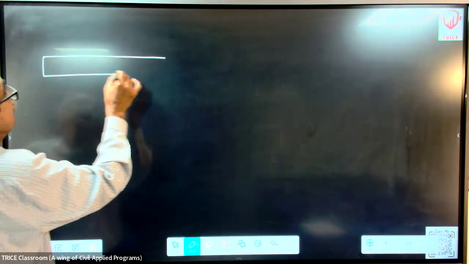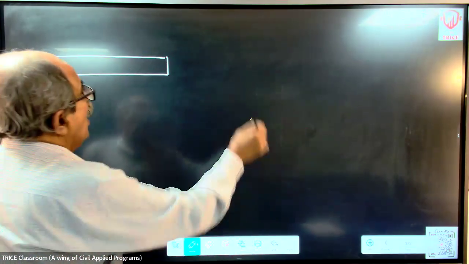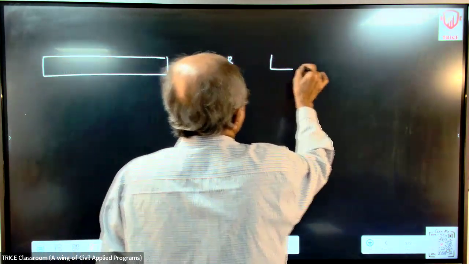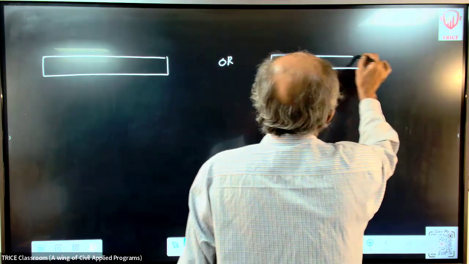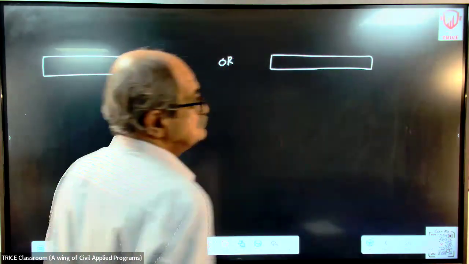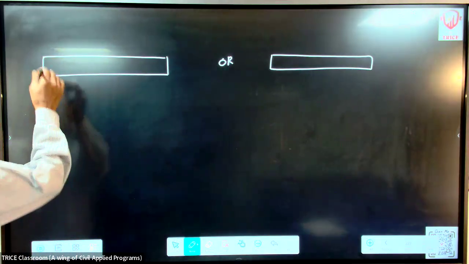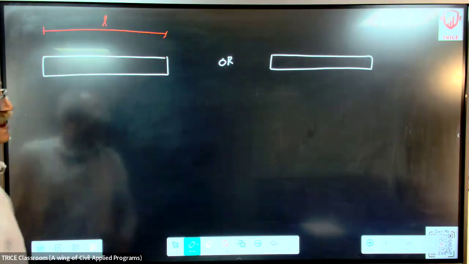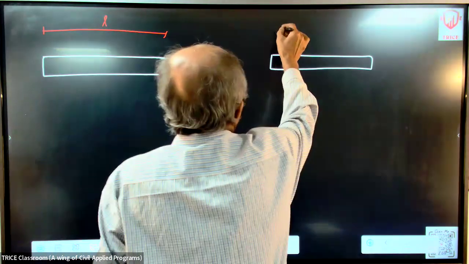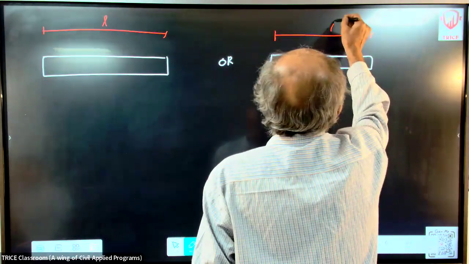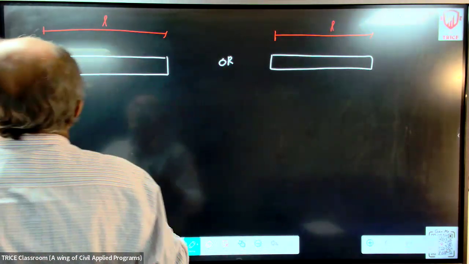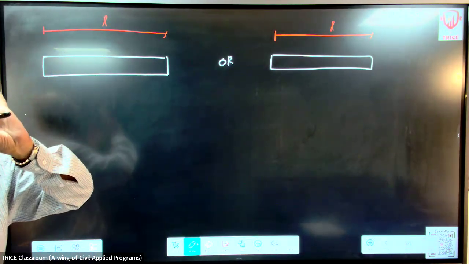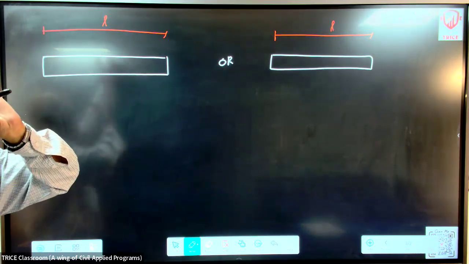Study this way. You take a member here. I will dictate everything now, you should write. This is your member. I use red color. This is your length L. Cross-section means always you have to cut it.